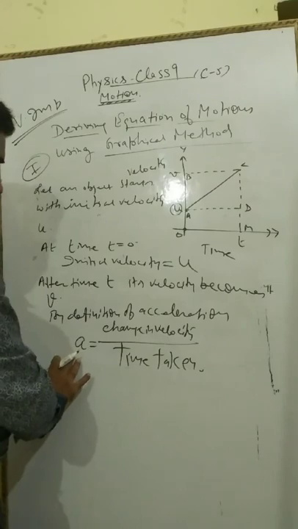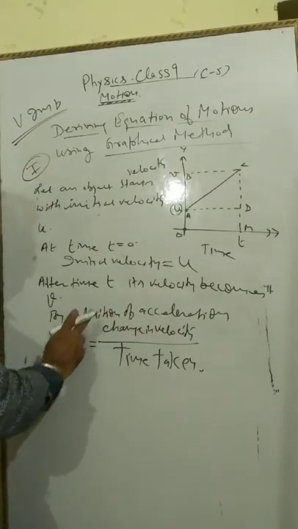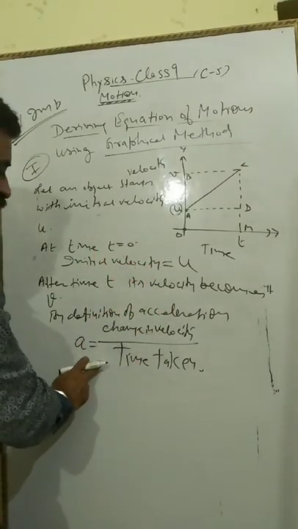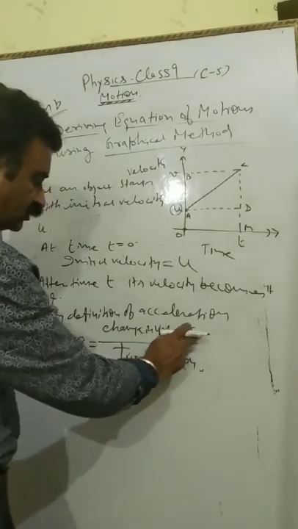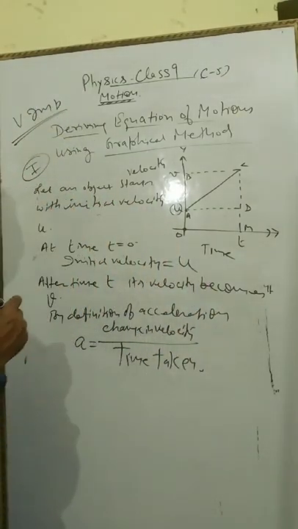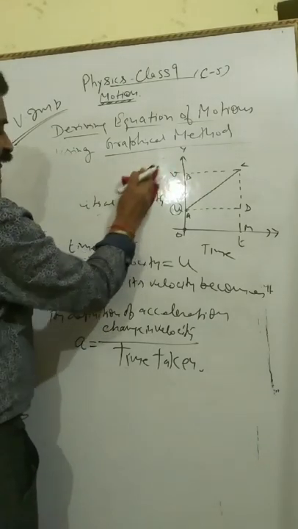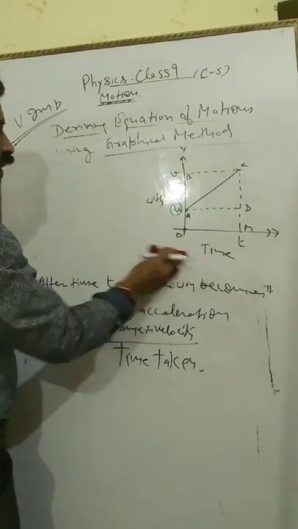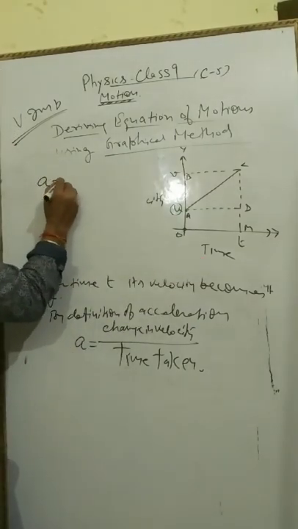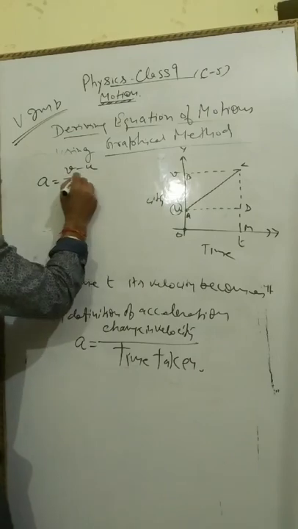So, by the definition of acceleration, earlier I told you that it is calculated by the change in velocity upon the change in time. This is the formula through which we can calculate the acceleration. So this acceleration is, now you can say, v minus u upon t.